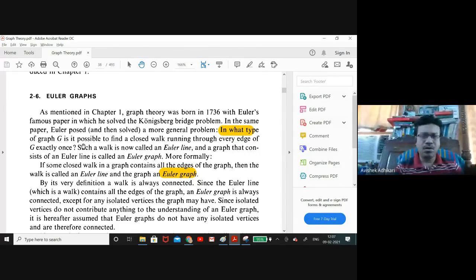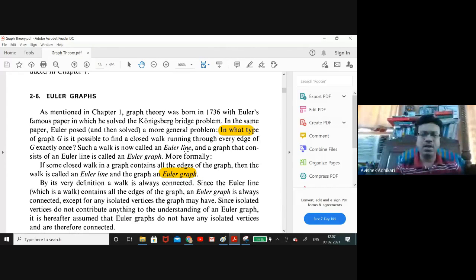In the same paper, Euler posed a more general problem: in what type of graph G is it possible to find a closed walk running through every edge of G exactly once? Such a walk is now called an Eulerian line.